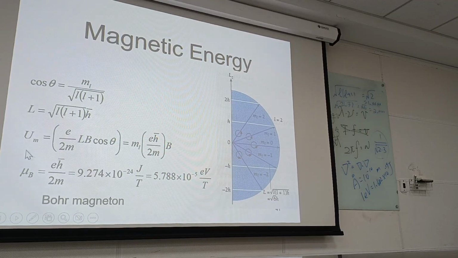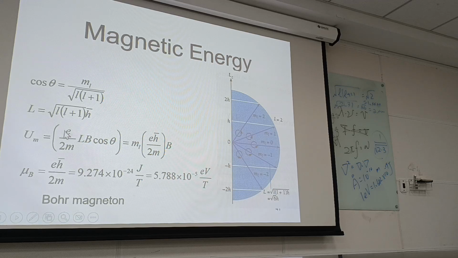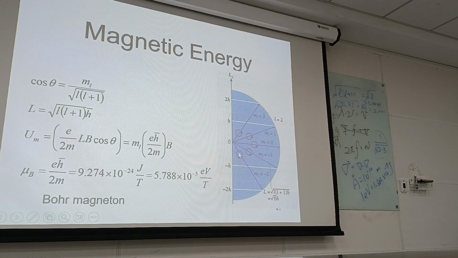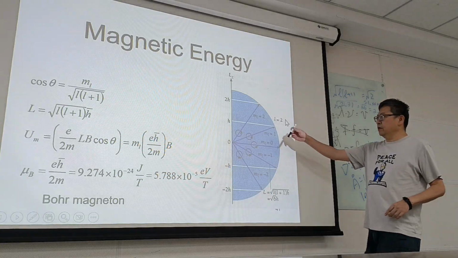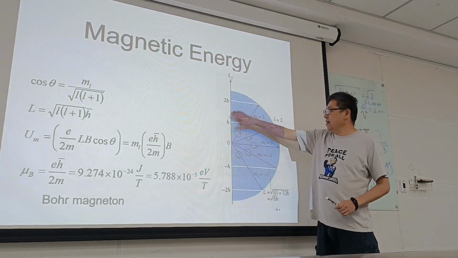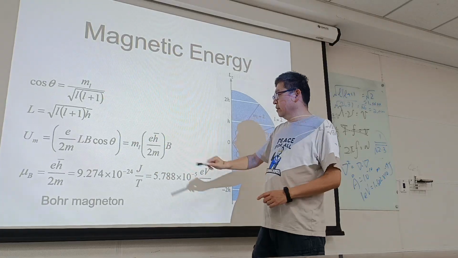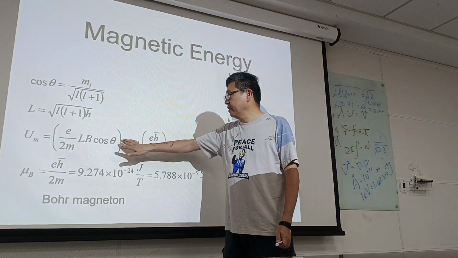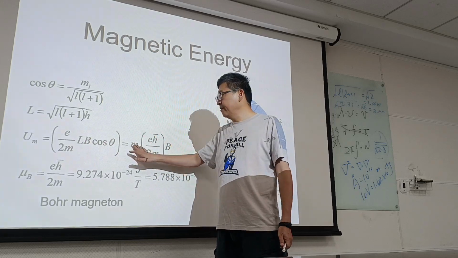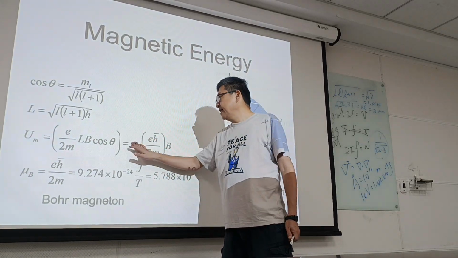we can get the magnetic potential equal to e divided by 2mL B cosine theta. What is cosine theta? Remember, cosine theta equal to mL divided by L, right? So cosine theta equal to mL divided by L, or L cosine theta equal to mL.